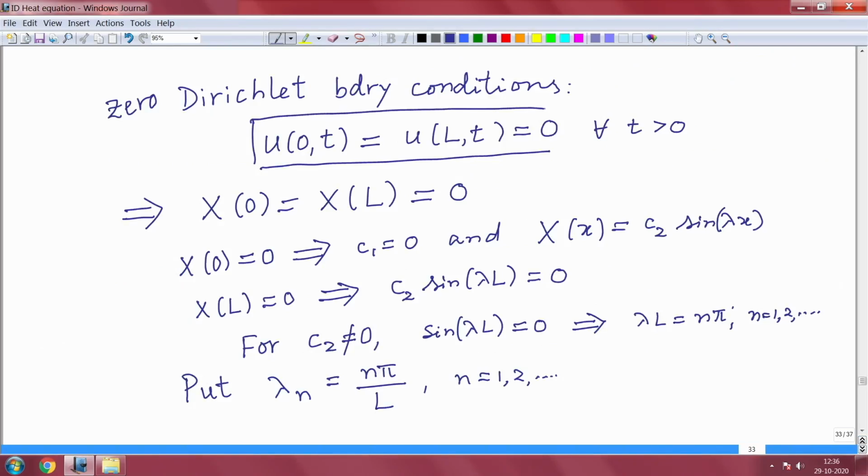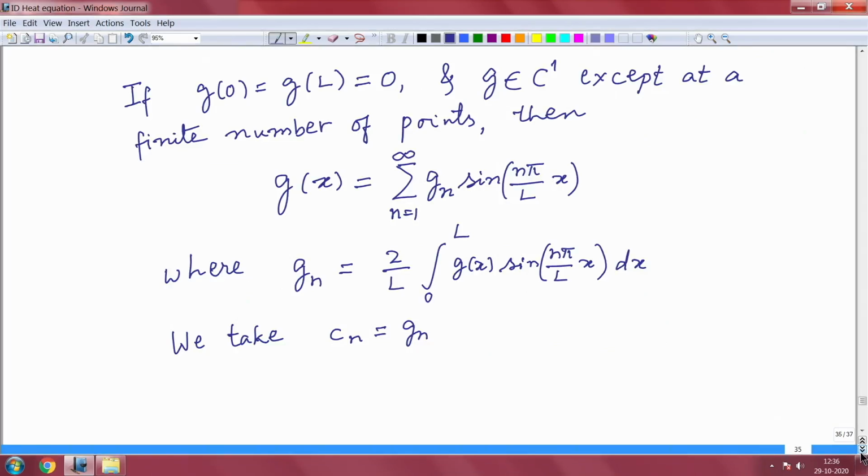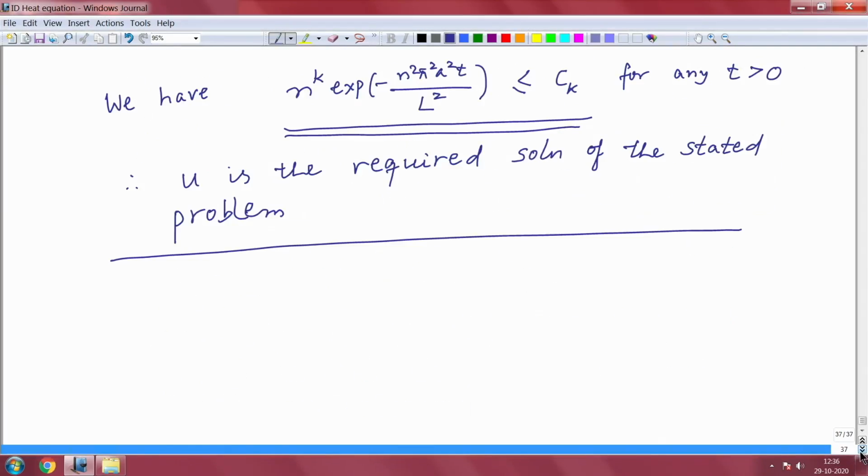Physically, we say that the thin rod is insulated at both the ends. So, this we can replace by some prescribed conditions. This is another case, and we can prescribe it, this is very simple.